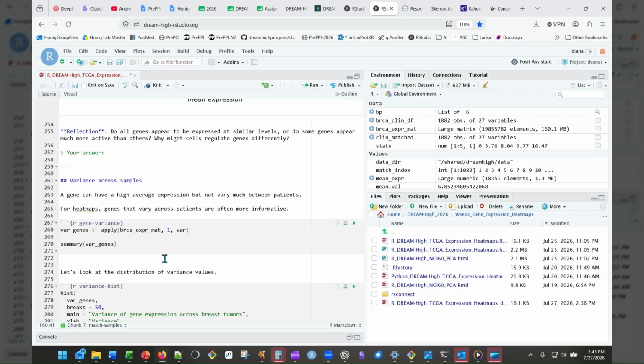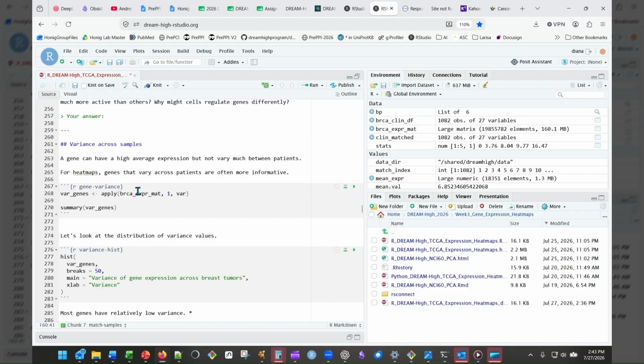If you had a gene whose value was the same across all patients, that's not a very informative gene. But if you have a gene whose expression changes across patients, especially when it changes coordinately, from luminal A to luminal B, and so on, we would expect that gene to be highly informational.